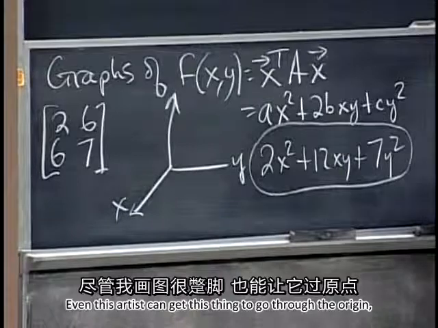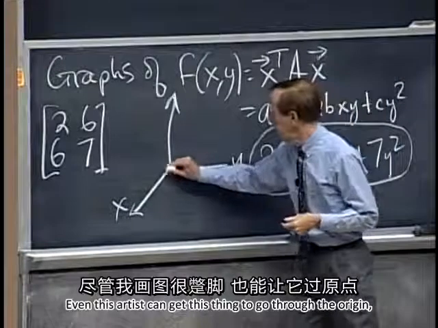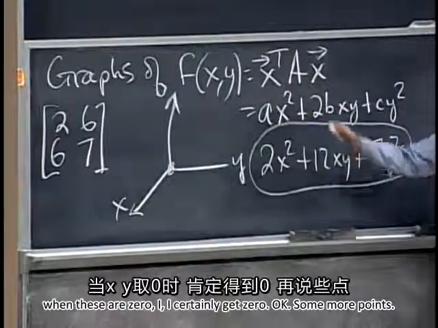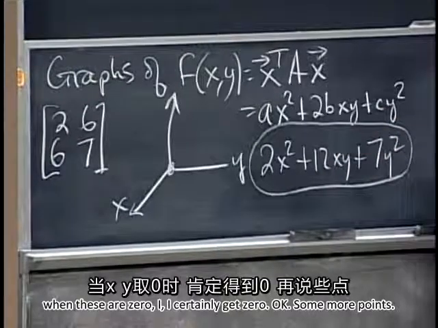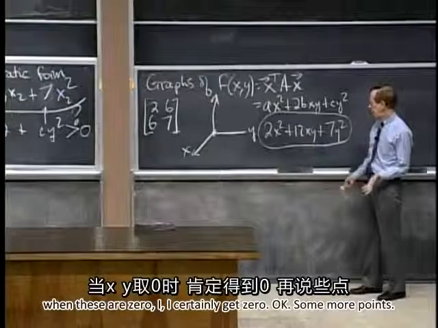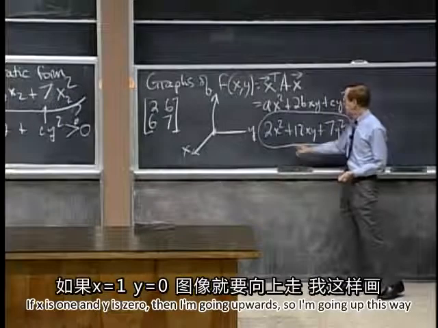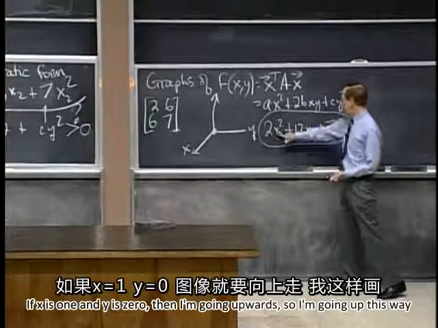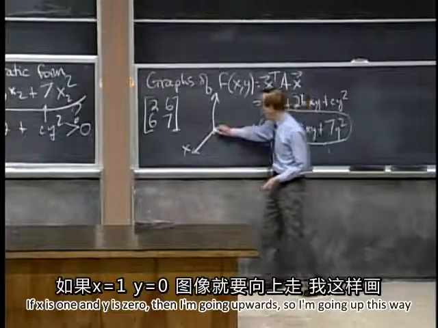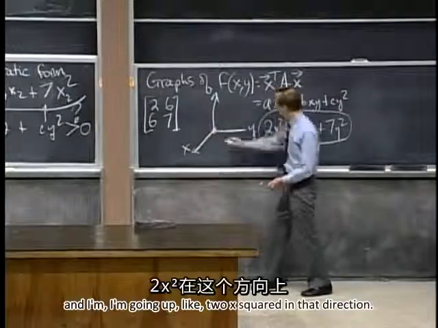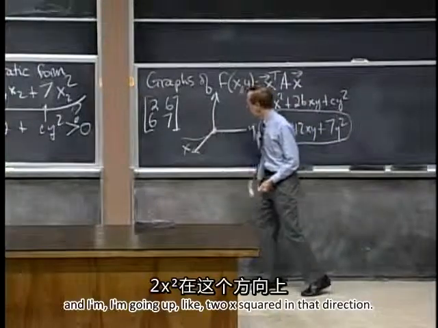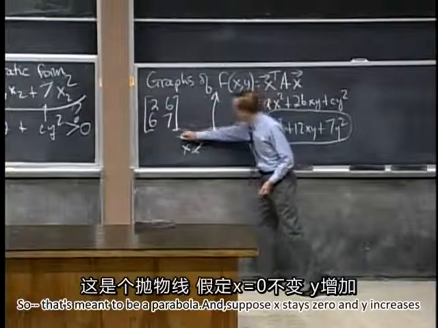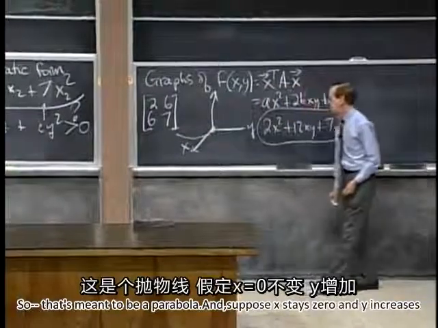Even this artist can get this thing to go through the origin. When these are 0, I certainly get 0. Okay, some more points. If x is 1 and y is 0, then I'm going upwards. So I'm going up this way, like 2x squared in that direction. So that's meant to be a parabola.